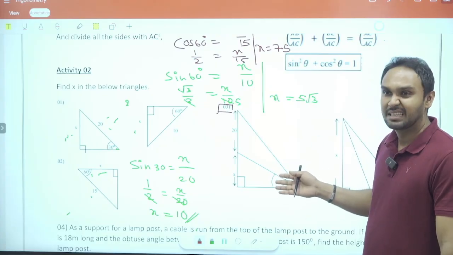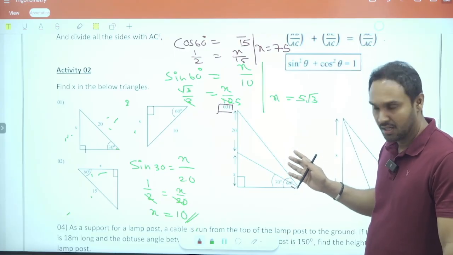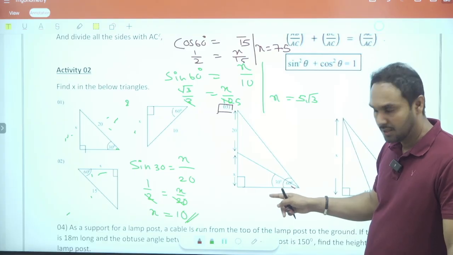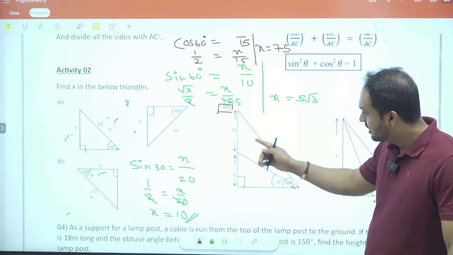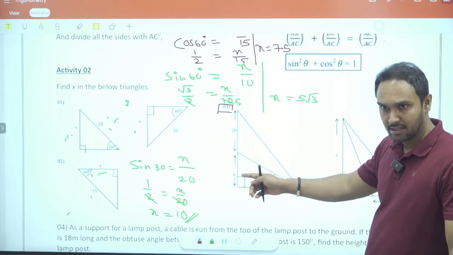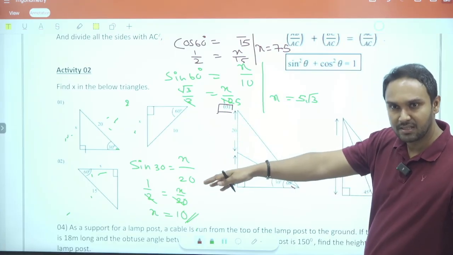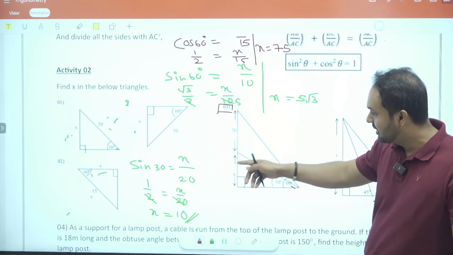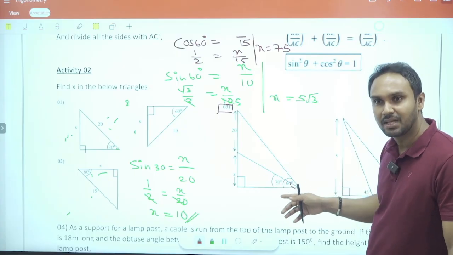So for the 30 degrees angle, you put tan, what do you get? Opposite over adjacent. And you put tan to the 60 degrees angle, what do you get? 20 plus x. Now the 20 value is given, so the x is unknown. It was there in the previous equation as well, so it doesn't matter, right? 20 plus x. Opposite over adjacent is again the bottom side, right?